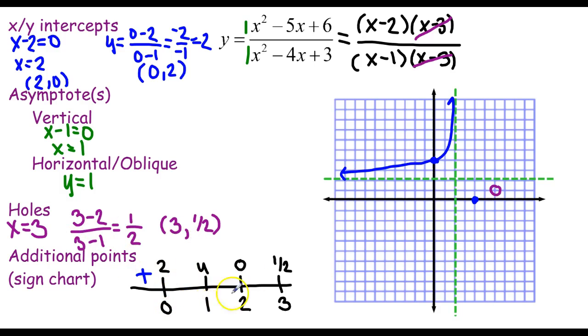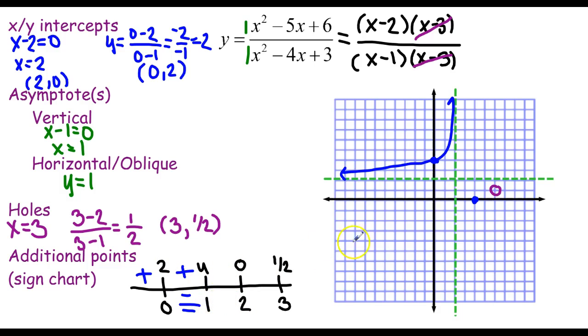And again, in between 0 and 1, I also know that I'm going to be positive because I can't cross that asymptote there. I can check by maybe picking 1/2. So I have 1/2 minus 2, that's going to be a negative number. 1/2 minus 1, that's also a negative number. So I know that I am going to be positive, again, by verifying with this sign chart.